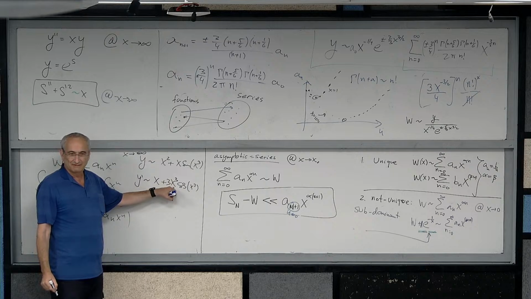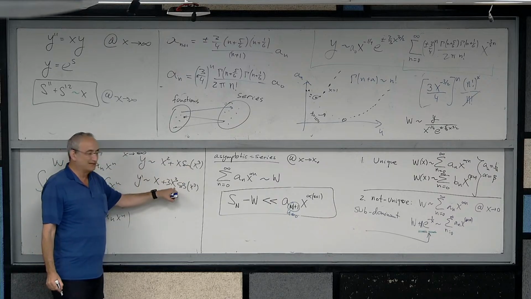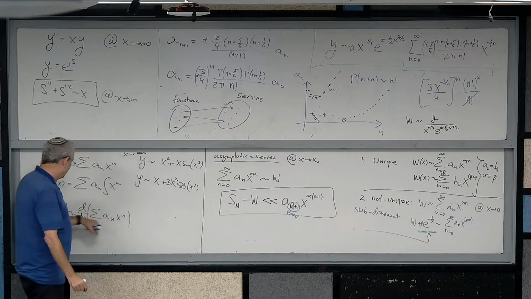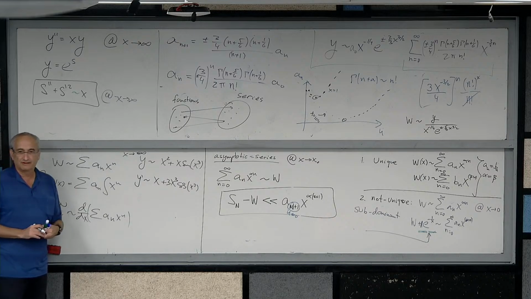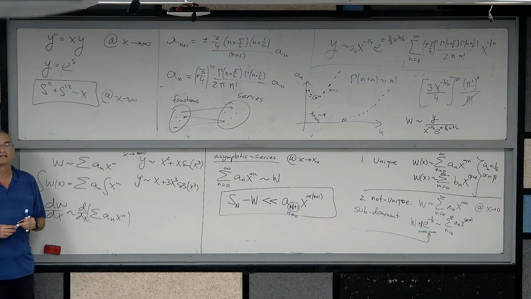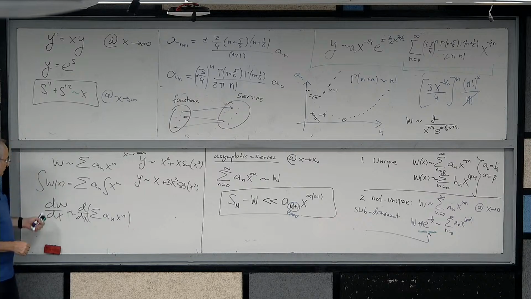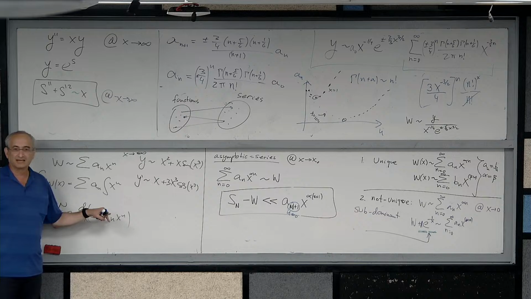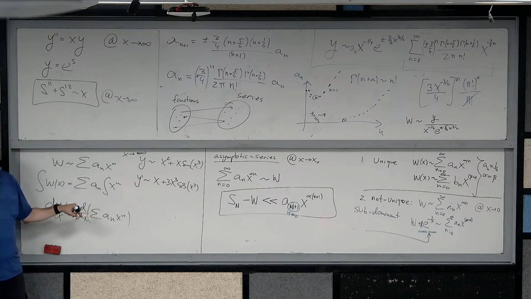You see, so the derivative may take a subdominant term to become dominant. And that's why taking the derivative is mathematically speaking prohibited. You can't assume that if you have an asymptotic series, then the derivative of a function is asymptotic to the derivative of the series by taking the derivative term by term.